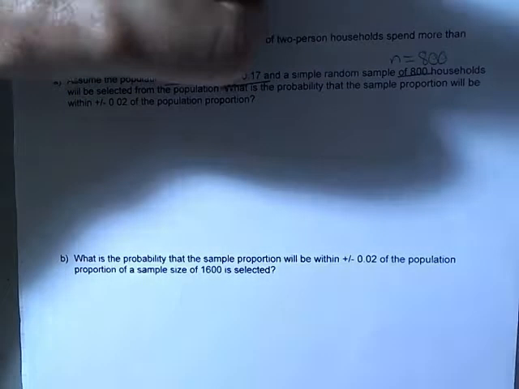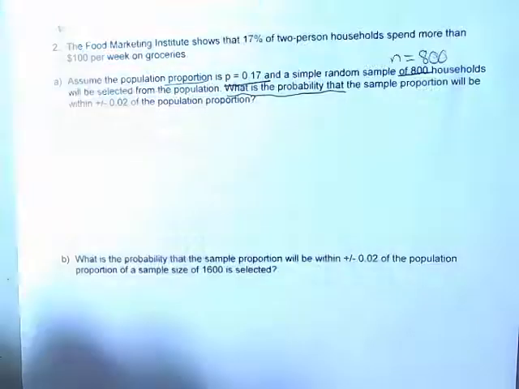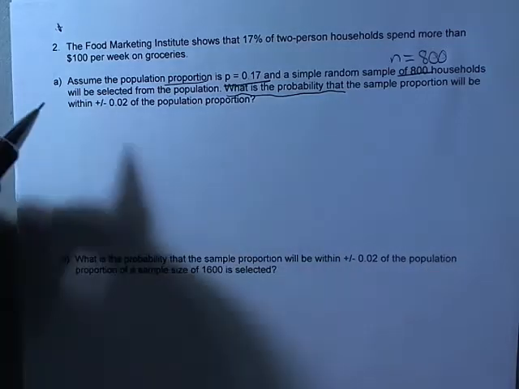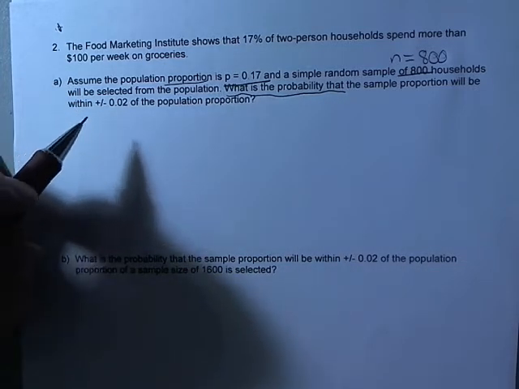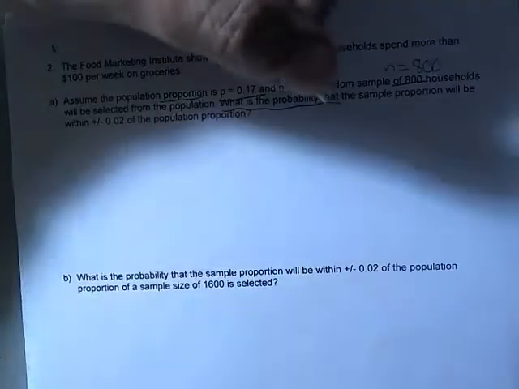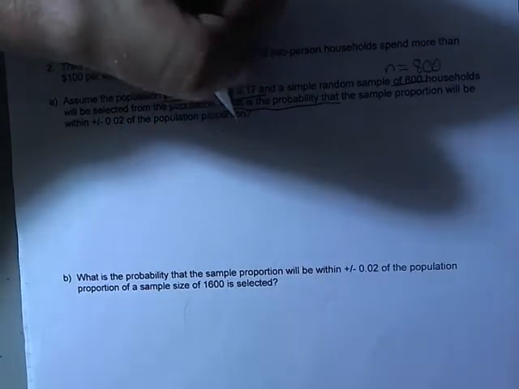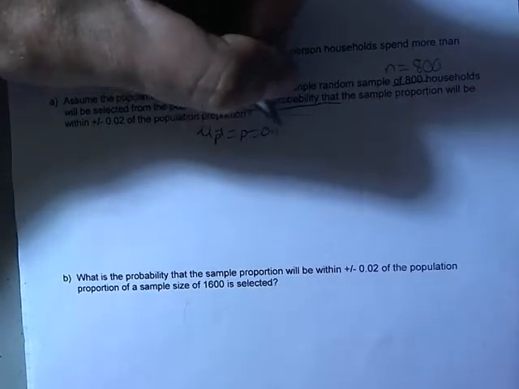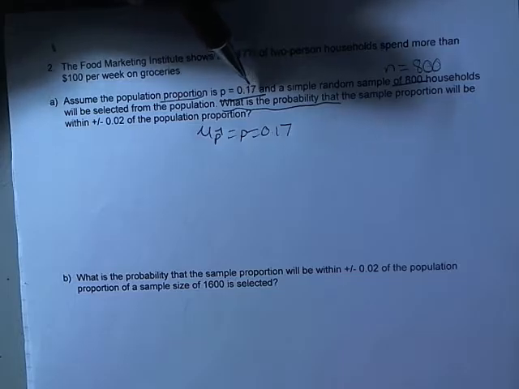What is the probability that, so we're solving for a probability, that the sample proportion will be within plus or minus 2% of the population proportion? So let's go ahead and come up with our mean of the sampling distribution of the sample proportion. That's equal to P, which we determined was 17%.